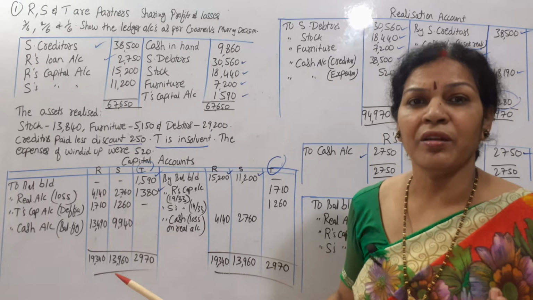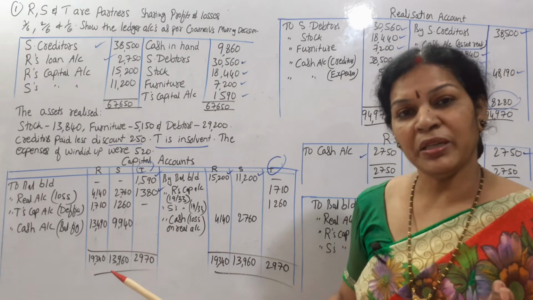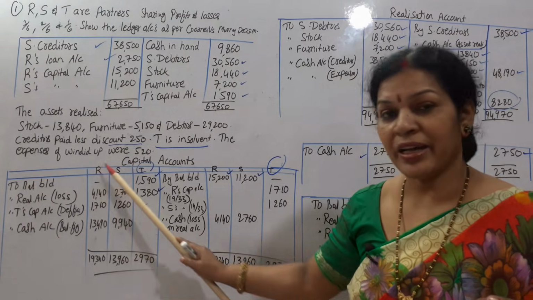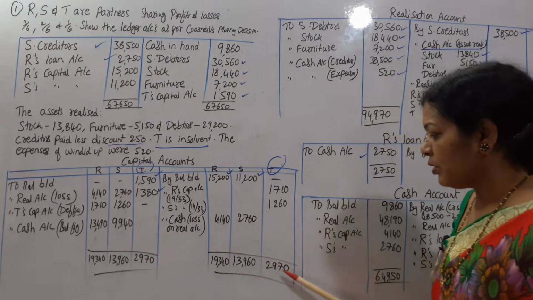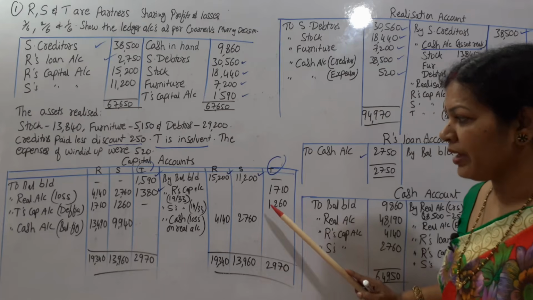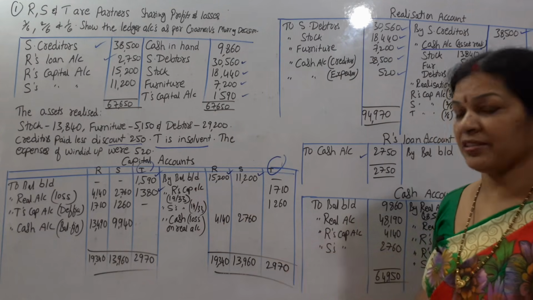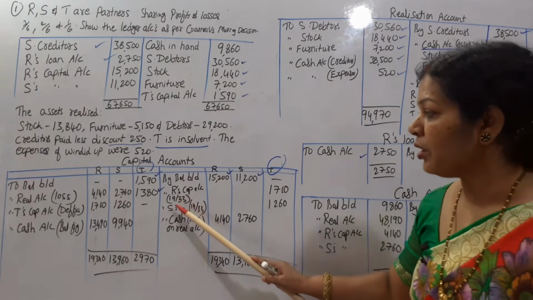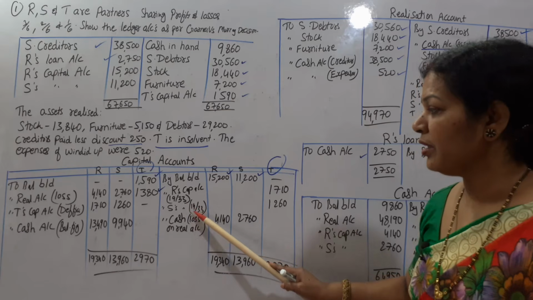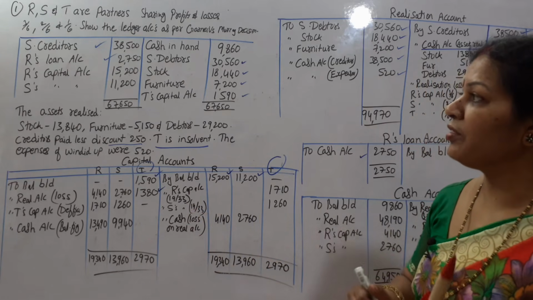Who has to bear the loss? The remaining solvent partners, meaning R and S. So the 2970 is distributed by R and S in the ratio of 19/33 and 14/33. How did you get this ratio?